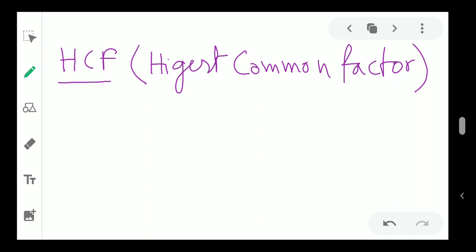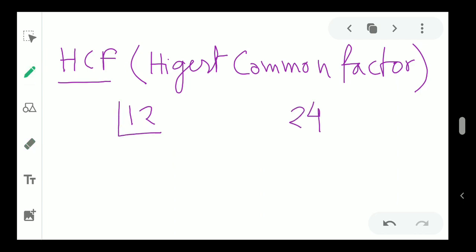So let us say we have two numbers, 12 and 24, and I want to find out the highest common factor of them. What is my first thing to do? The first thing, I have to factorize.